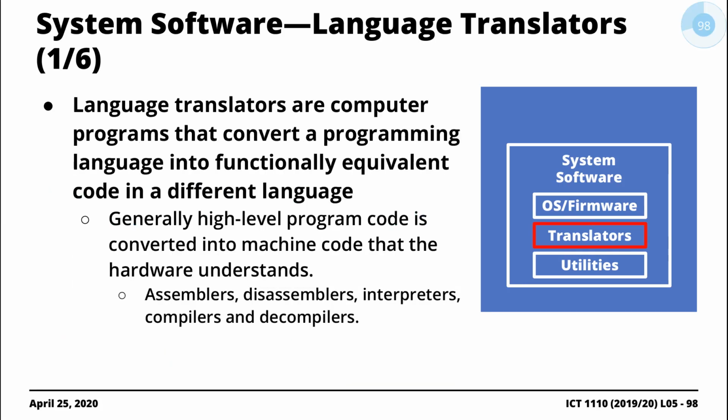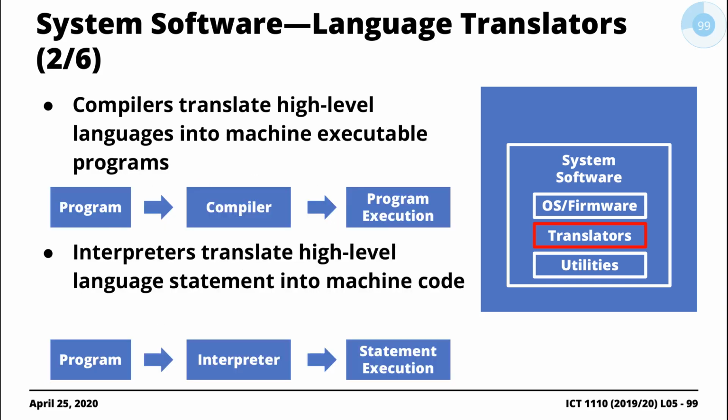So I thought we would actually focus our discussion of language translators on compilers and interpreters, specifically because most of the literature that you typically come across will place an emphasis on compilers and interpreters.